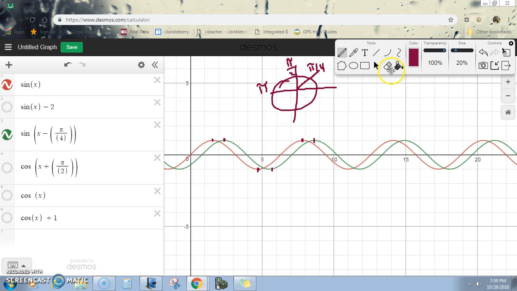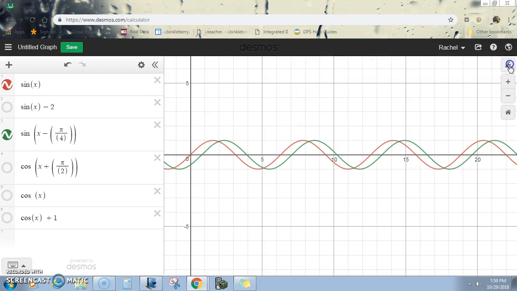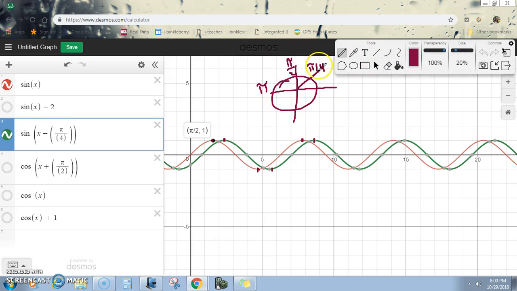So if we look at the points, here we have pi over 2, or 90 degrees, comma 1, and on the green curve, we have 3 pi over 4, comma 1. So a larger angle, same height. When you turn it to the right, we literally turned the circle to the right by 45 degrees.